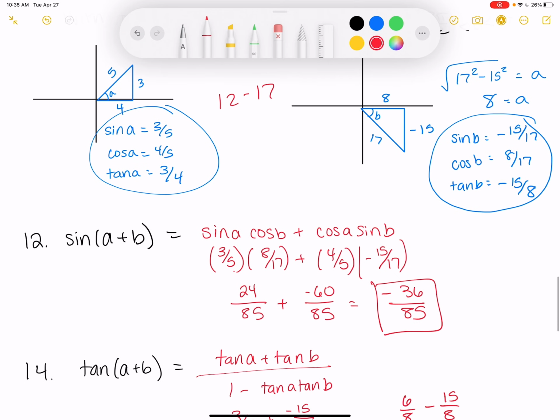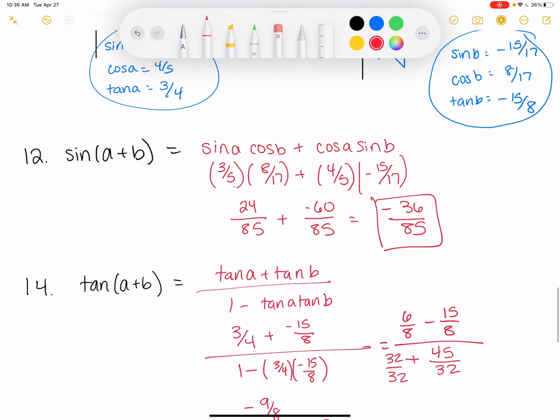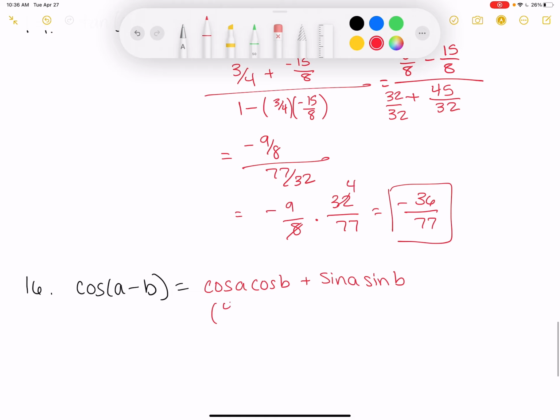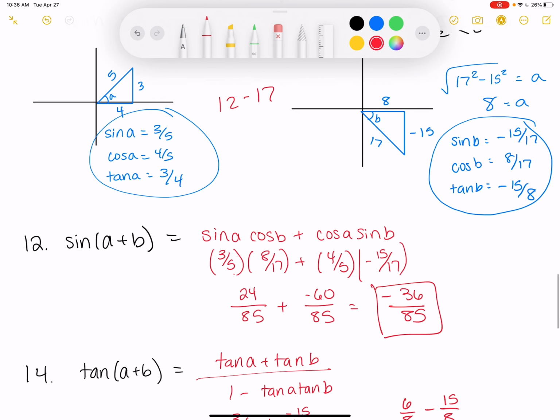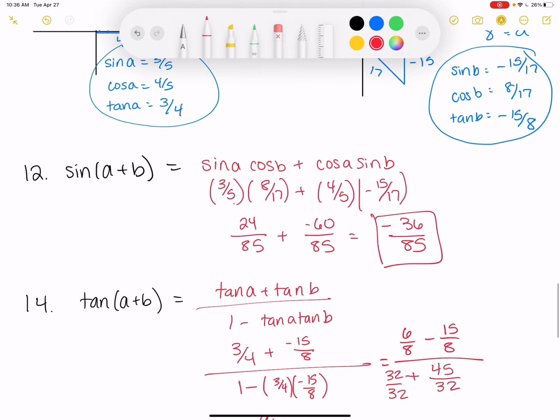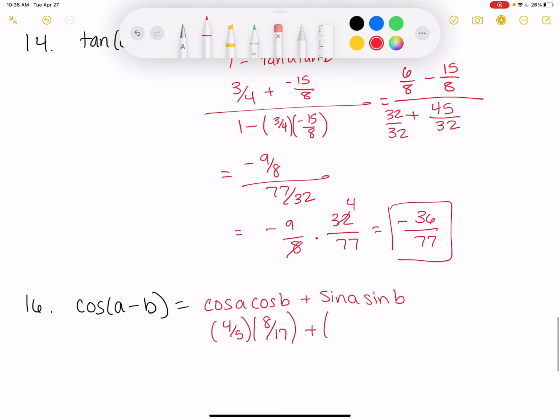Cosine of A is 4 over 5. Cosine of B is 8 over 17. Plus sine of A is 3 over 5. Sine of B is negative 15 over 17. This one's pretty much the same as the last one. Yeah.